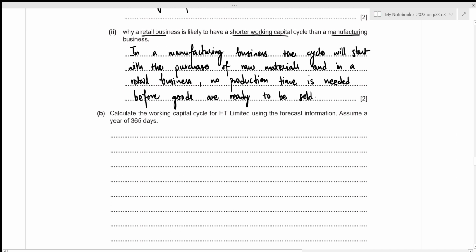We now need to calculate the working capital cycle for HT Limited using the forecast information. We need to assume a year of 365 days.